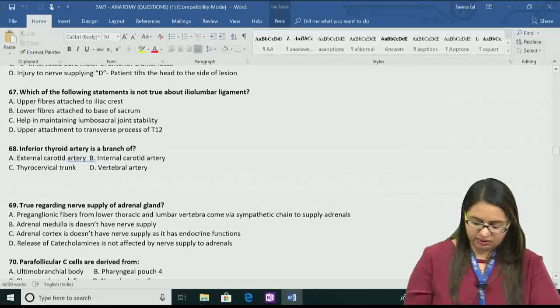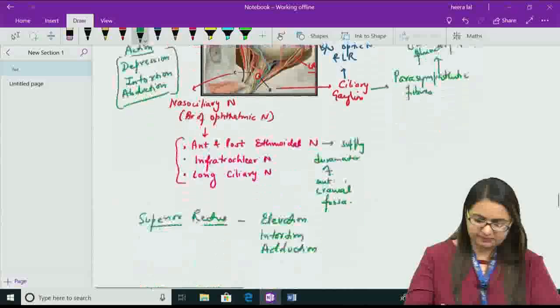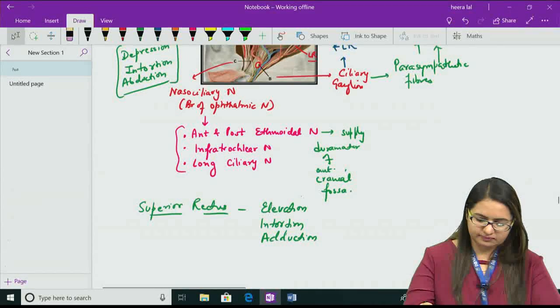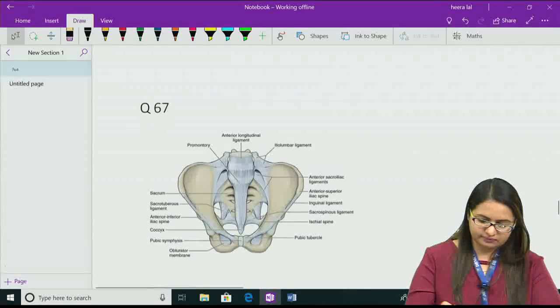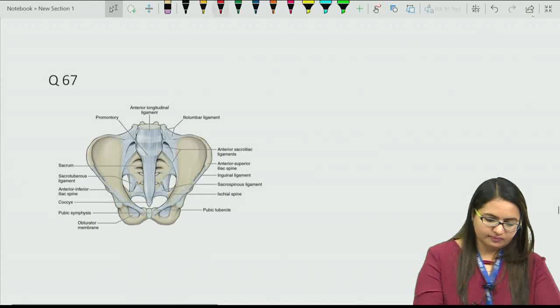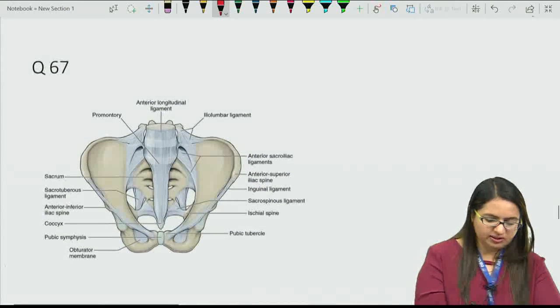It is regarding the iliolumbar ligament. Now this picture shows the iliolumbar ligament.